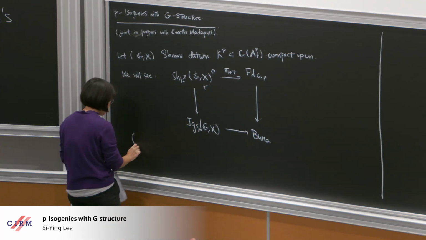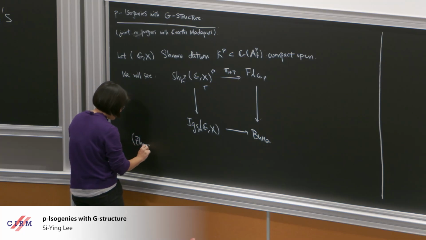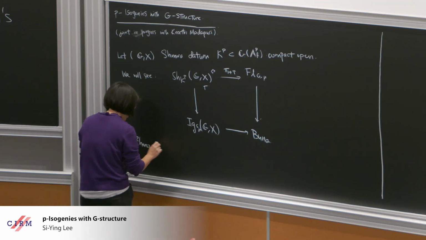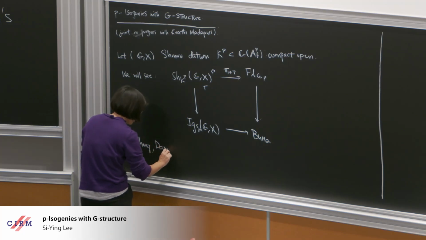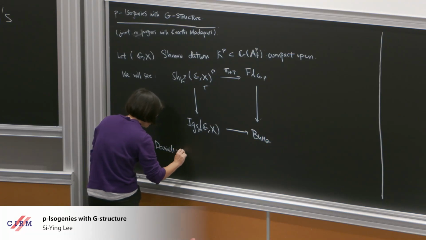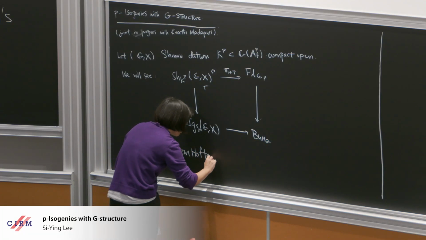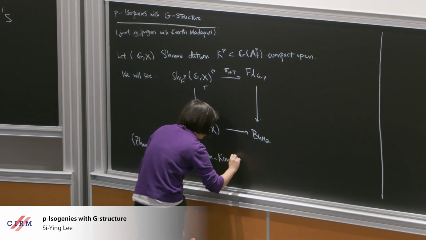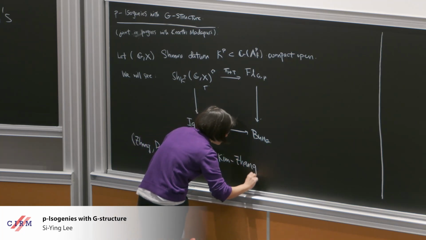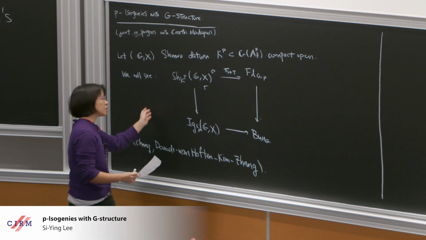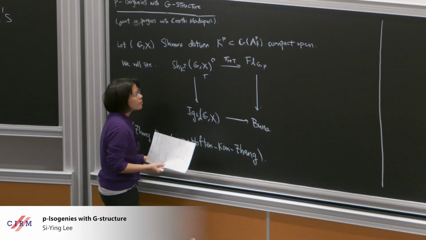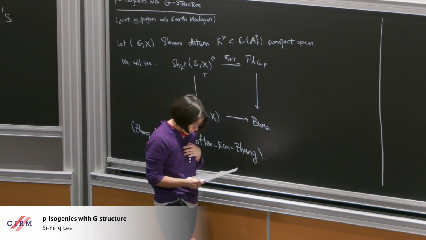Of course, attribution: this is due to Ming Jia and the paper of Daniels, Van Hoften, Kim, Zhang. She'll explain in what situations they've constructed this diagram and under which conditions.